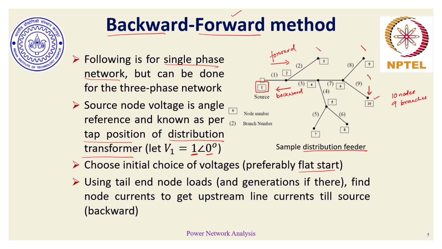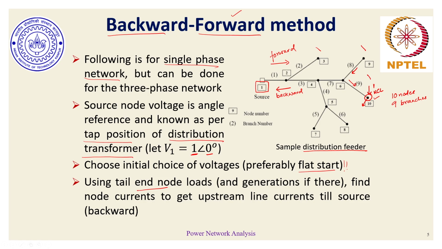That is, based on this initial choice of voltages, in the backward phase, we start from the far end or tail end nodes and try to evaluate the corresponding line currents which are satisfying the KCL at this node. We apply KCL at every node where loads or source might be present, and if there is a current which is being drawn from this node, then this current essentially has to come from the branch number 9 which is connecting 6 and 10.